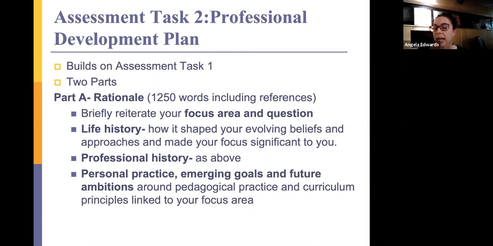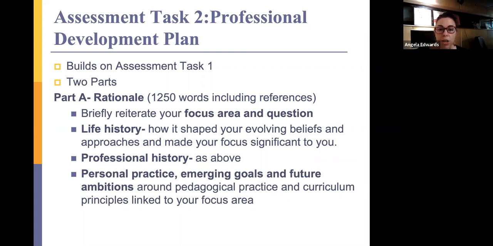And again, there is a word count breakdown, which is provided to guide you. And I would say, well, 99% of you in your first assessment task followed that breakdown of the word count, and it seemed to be very helpful for you in terms of keeping to that word limit.